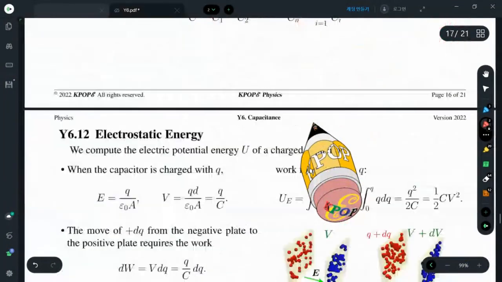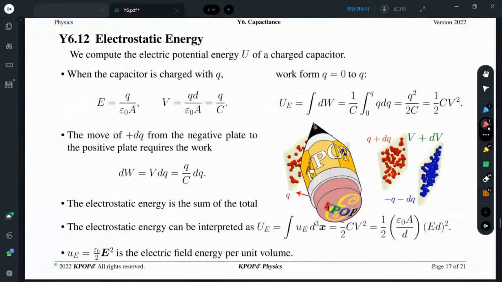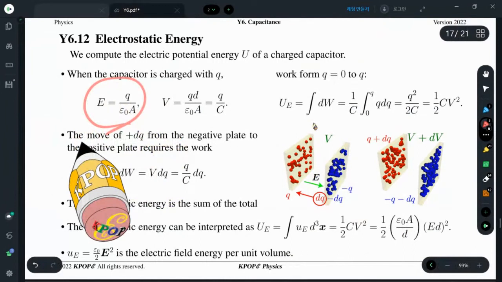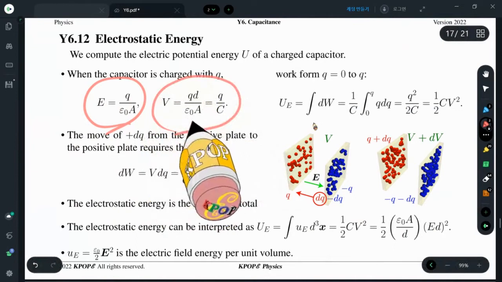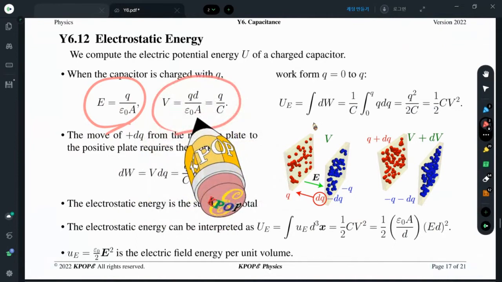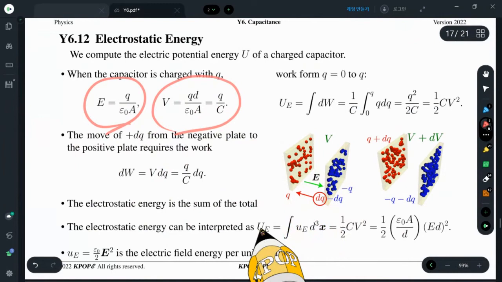All right. Next, we consider electrostatic energy. We know the electric field between the two parallel plates. Using this, we obtain the capacitance of a parallel plate capacitor.